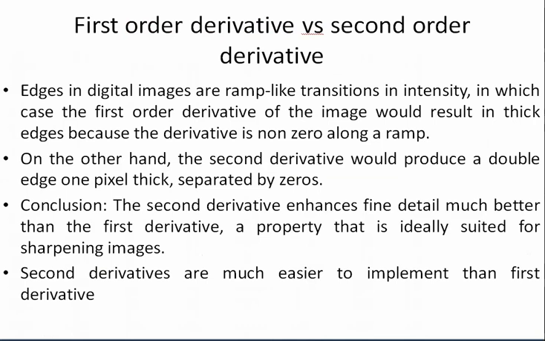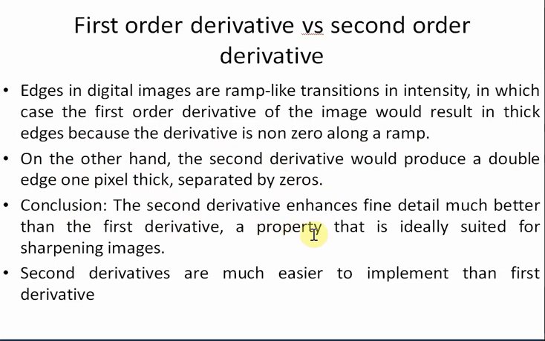Edges in digital images are ramp-like transitions in intensity, in which case the first order derivative of the image would result in thick edges because the derivative is non-zero along a ramp. On the other hand, the second derivative would produce a double edge one pixel thick, separated by zeros. So what is the conclusion?